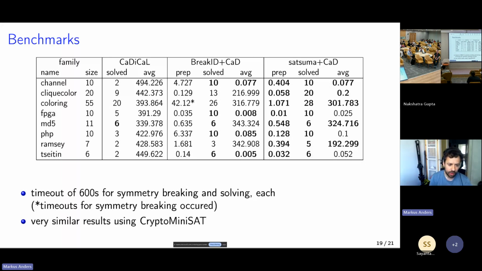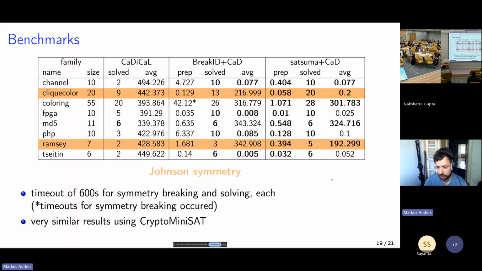Now we test this on families that do exhibit symmetry. These are from the symmetry breaking literature, essentially. And particularly, we are interested in whether these structures that we detect actually make a difference. Is there some benefit to be had? We can partition these families into the kind of structure that they observe. First, there are the two families that exhibit Johnson symmetry.